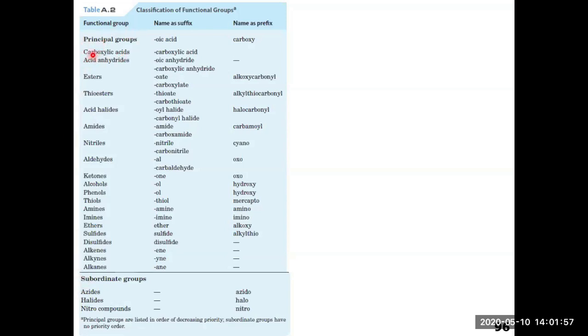If we use carboxylic acid as the principal group, the molecule should end in the suffix oic acid or carboxylic acid. If carboxylic acids are used as prefixes, then we use the prefix carboxy. Let's take a look at some examples and explain this table.